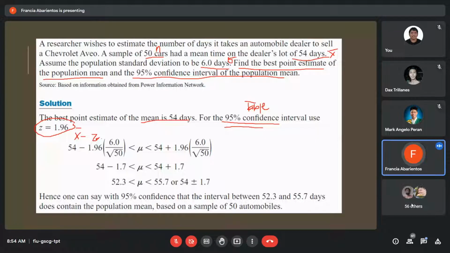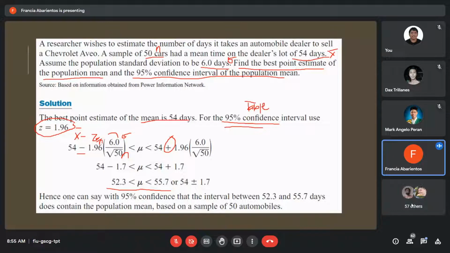Okay? Ayan. So, this is now your z alpha divided by 2, times your standard deviation over the square root of the sample size n. So, kung dito minus, sa kabila, plus. Magpa-plus ka dito. Ayan. So, this is now the interval. Ito yung interval natin in finding the estimate of the population mean given sa atin yung confidence interval.